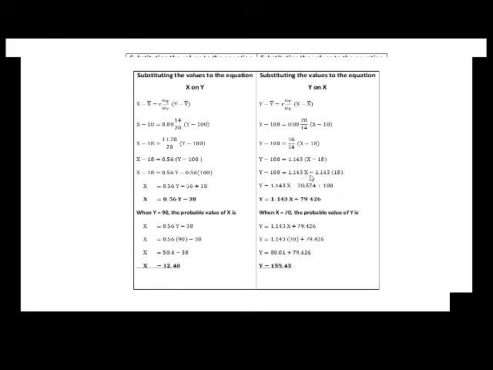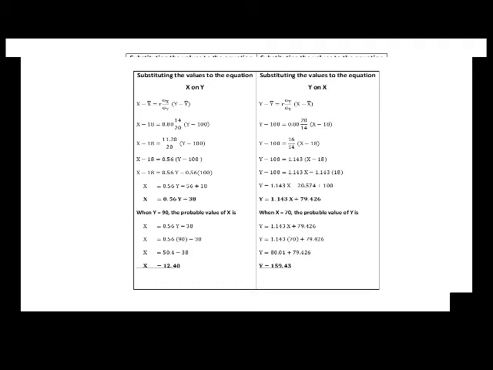So y minus 100 is equal to 1.143 x minus 1.143 into 18. Y is equal to 1.143 x minus 20.574 plus 100, since minus 100 moves across as plus 100. The final regression equation, y on x, is y equals 1.143 x plus 79.426.